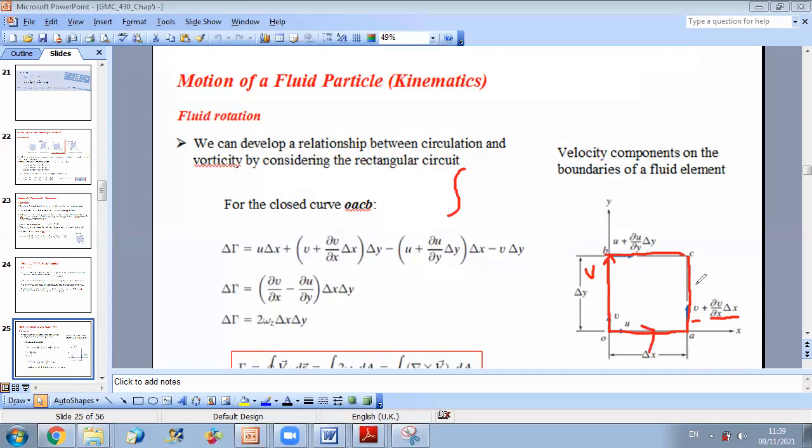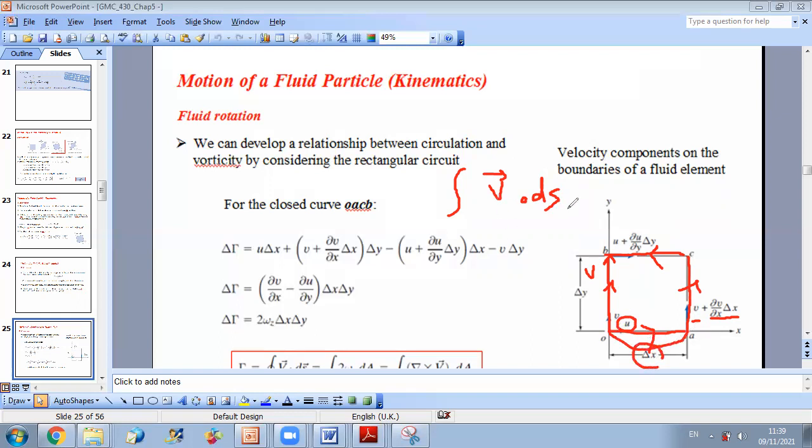Now, by applying the formula of circulation, which is the integral, I will turn in the counterclockwise direction. So I will move like this, and I will do the integral of v dot ds. If I start with the first segment, the velocity component along OA is u. When I do the integral from O to A, delta s is equal to delta x.